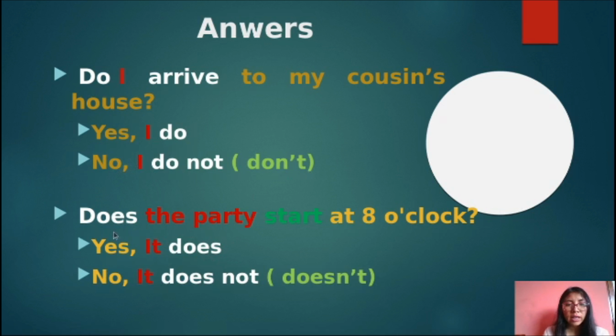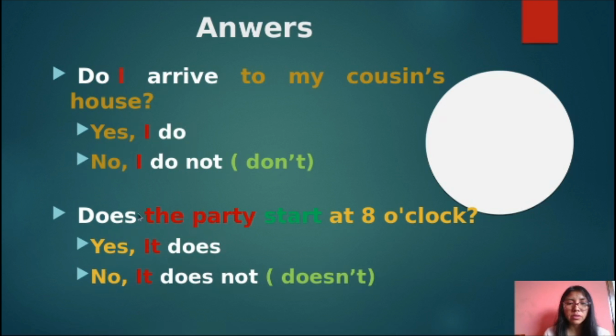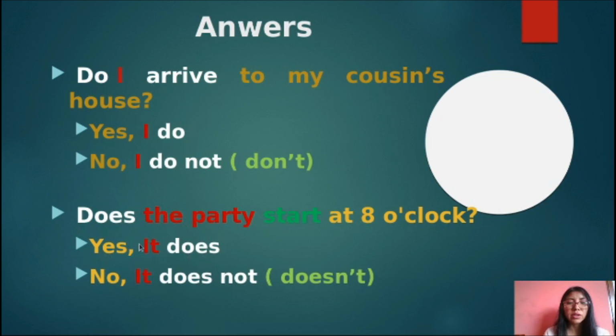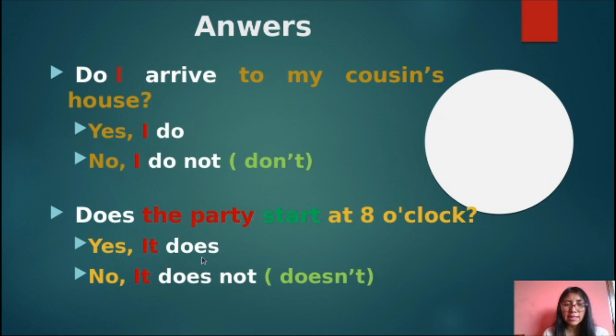Okay, in that case I am seeing an example with the third singular person. So, does the party start at 8 o'clock? How do you answer? Yes, it, because the party corresponds to the subject it. Yes, it does. Okay, I am using the auxiliary.